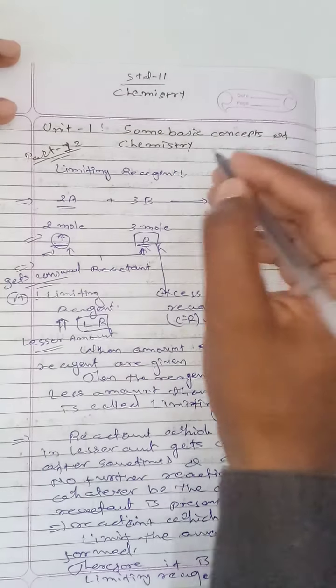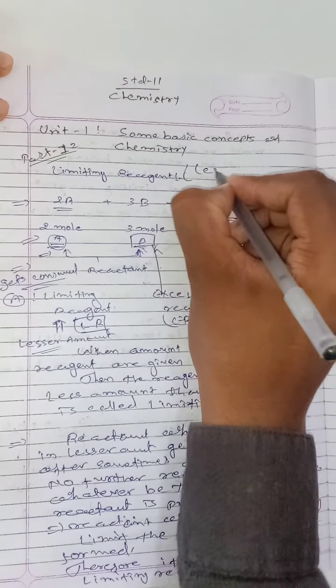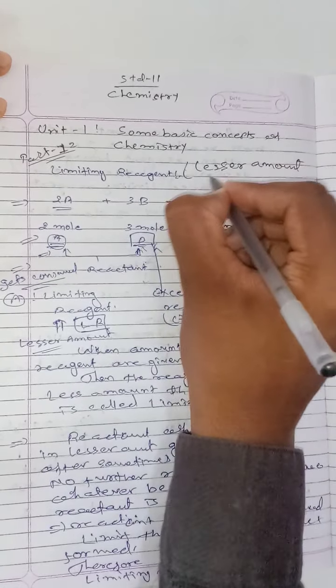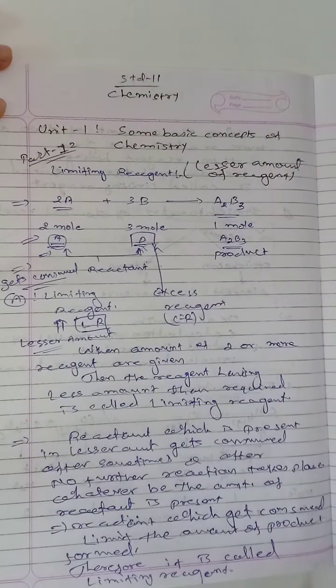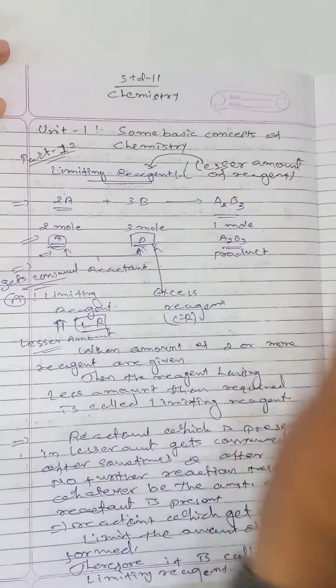In short, we can say the lesser amount of reagent is called the limiting reagent.